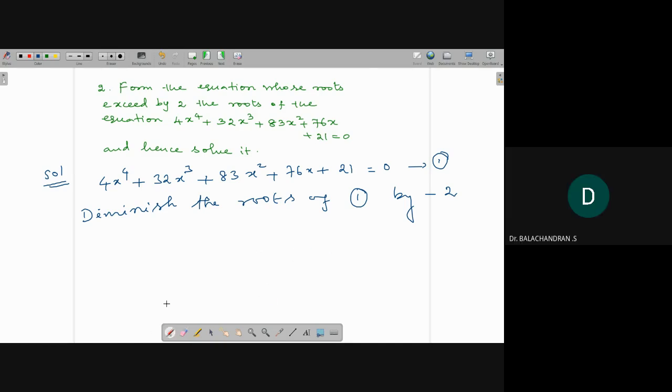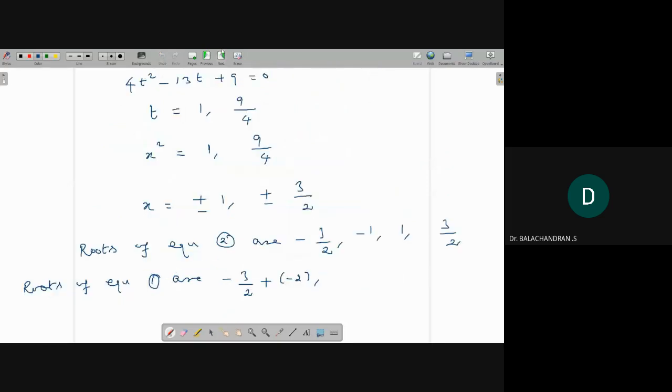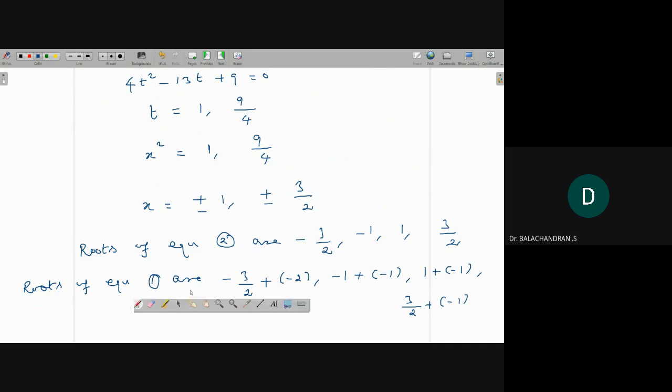Suppose if you have doubts, find out the roots and then check using a calculator. Okay. So now here, minus 1 plus of minus 1, 1 plus of minus 1, 3 by 2 plus of minus 1. Minus 2, sir.